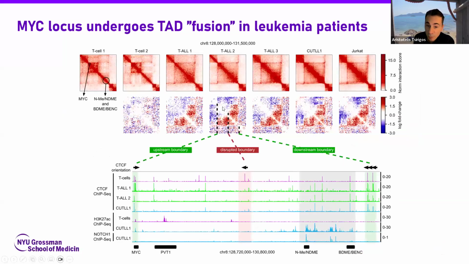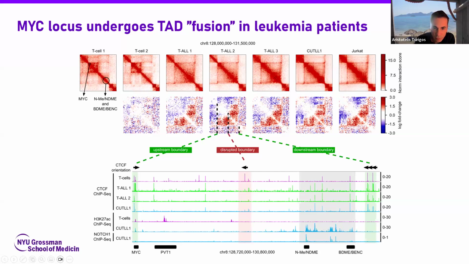So one of the examples we found was MYC. And I'm showing you a few examples here of the normal T cell samples compared to the leukemic samples here. And then if you look at the fold changes of these contact maps obtained by Hi-C, so the interactions of each leukemic sample compared to the normal, you will see this, let's say, upregulation of chromatin interactions, which is pretty significant.